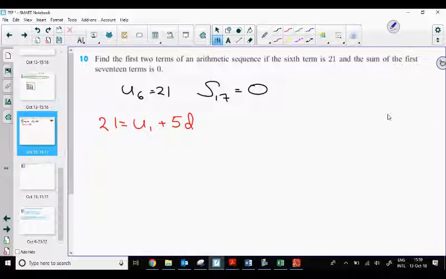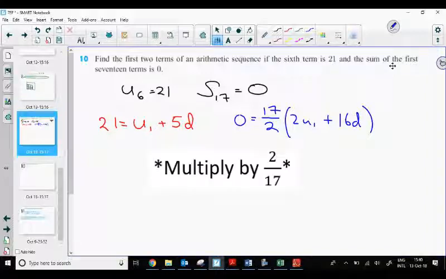S sub 17 is equal to 0. Well, from there, I know that 0 has to be equal to 17 divided by 2, since 17 is my n, times 2 times u sub 1, plus 17 minus 1 times d, which if we just divide by 2 over 17, those are going to go away.